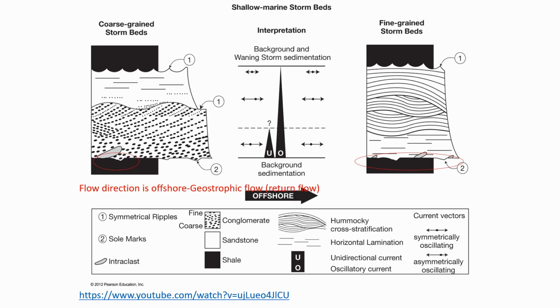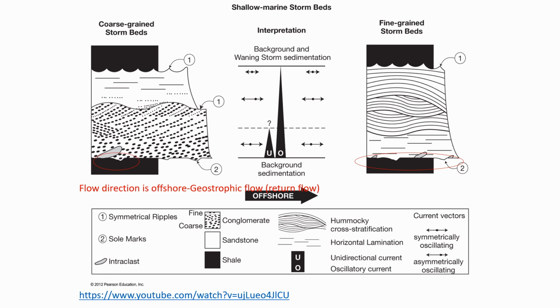This figure also shows the comparison of storm deposit in the shore face and the offshore. In the shore face, the storm deposit is dominated by conglomerate and coarser sand compared to the offshore storm deposit.